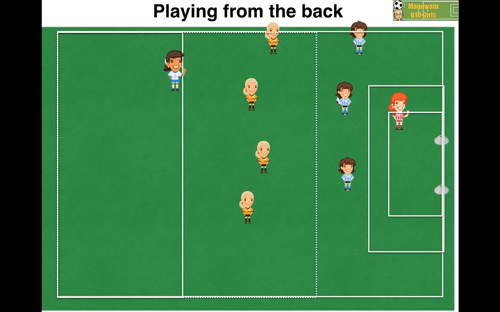The ball can either be played towards the centre with the centre back, or the fullback if that's a good pass, or we're looking to pass the ball down that wing to one of our wing players, one of our midfielders. The ball can then be brought into the middle, and we'll talk during training about what that would look like.